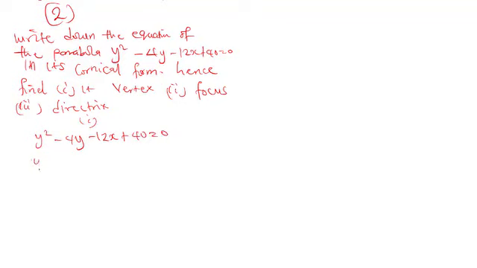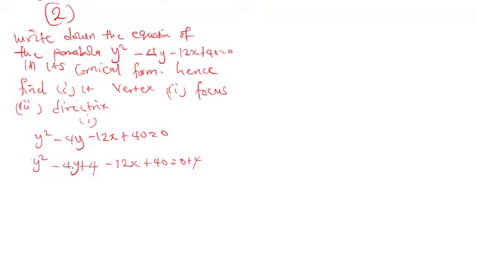We have y squared minus 4y. Half of 4 is 2, squared is 4, so plus 4. That is for y. Then we still have minus 12x plus 40 equals 0 plus 4, because whatever you add to the left hand side, you also add to the right hand side of this equation. Now take all the constant terms, including the x term, to the other side.